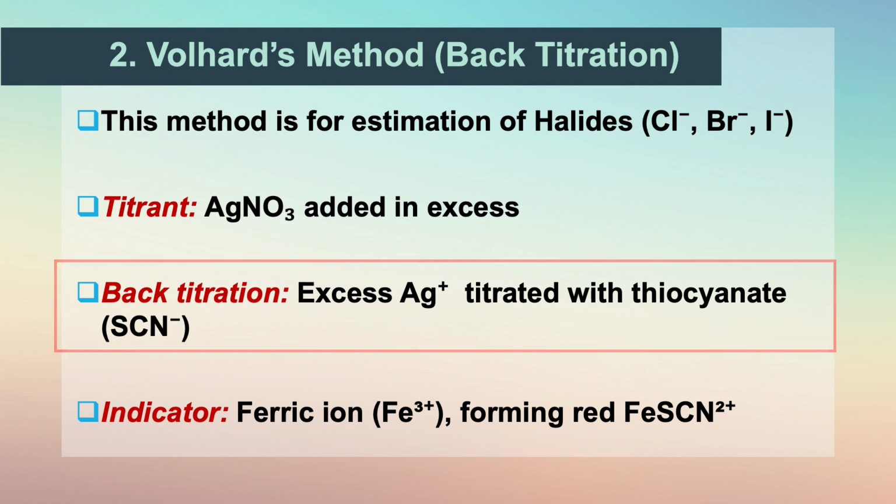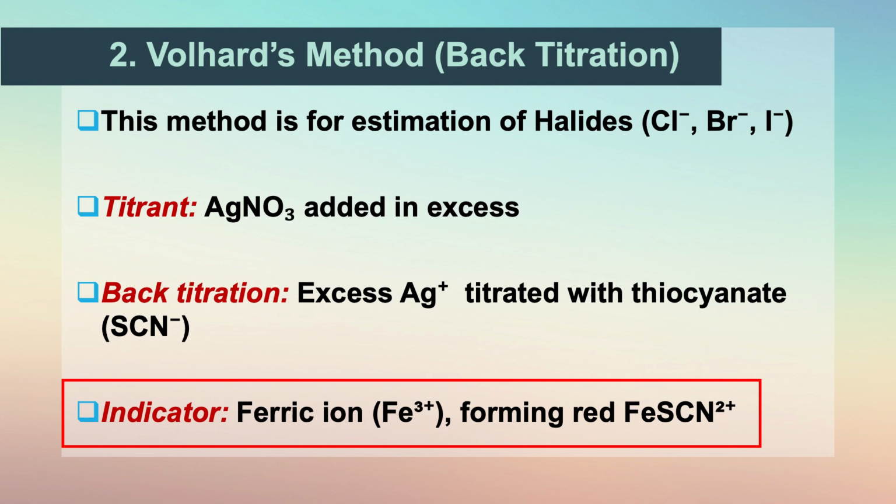This is a back titration. Excess Ag plus is titrated with thiocyanate ion, that is SCN minus ion, and the indicator used for this reaction is ferric ion, Fe3 plus ion. That Fe3 plus ion forms a reddish color due to the formation of FeSCN2 plus.